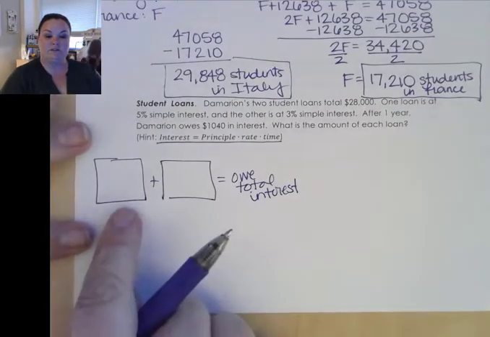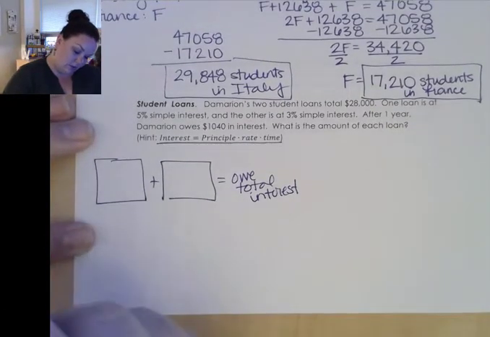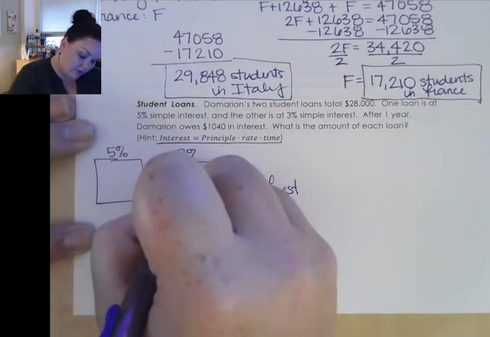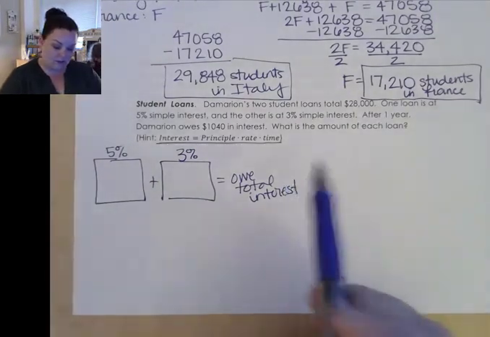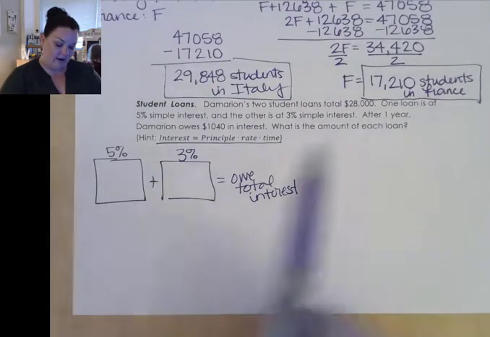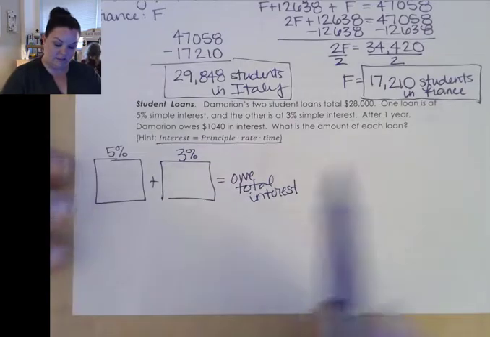So what we need to do is fill out what we know, okay? We know that the first loan was 5% simple interest, and the second one was 3% simple interest, right? We also know that it was a 1-year time frame, and we know how much he owes in interest. So this is what's going to go over here.